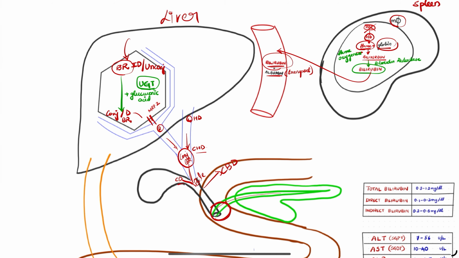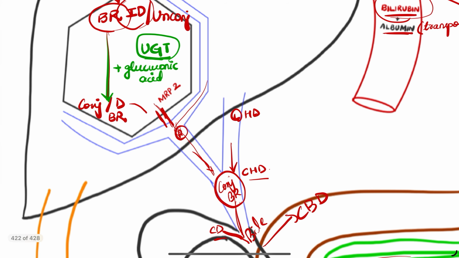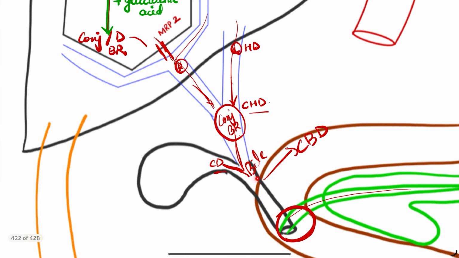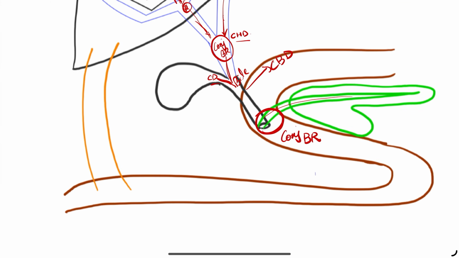So what you have to remember is the indirect bilirubin enters the hepatocyte, gets conjugated, and via the MRP2 port is secreted into the biliary canaliculi, and all these biliary canaliculi form the right and left hepatic ducts. Right and left hepatic ducts, common hepatic duct, merge with the cystic duct, form the common bile duct, and finally open into the intestine. That means the conjugated bilirubin, or the direct bilirubin, is thrown into the intestine.